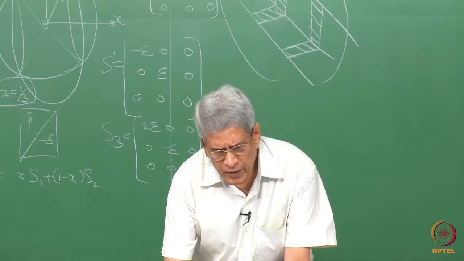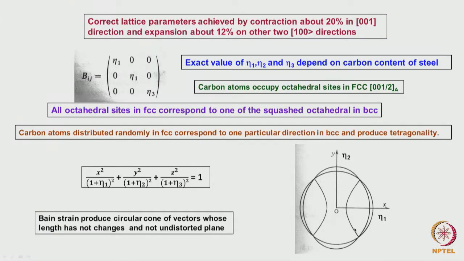Now, two strains are applied, one is nothing but the negative of the other and equal in magnitude, and this will give rise to a plane which is common to both of them. But how do we generate this plane? Suppose we take a point here on this sphere, let us just consider that.